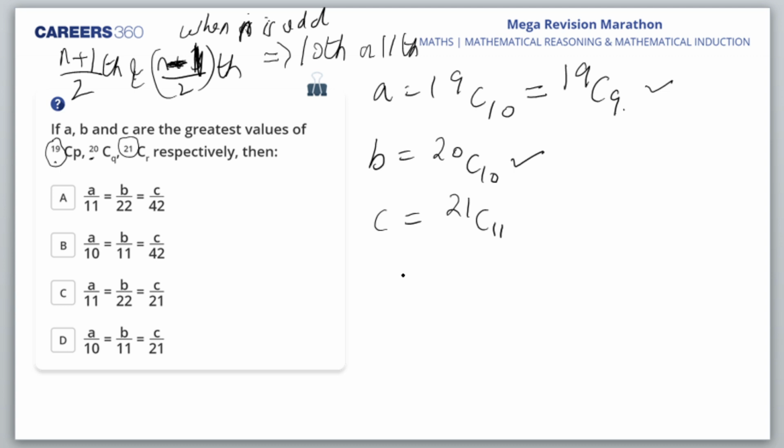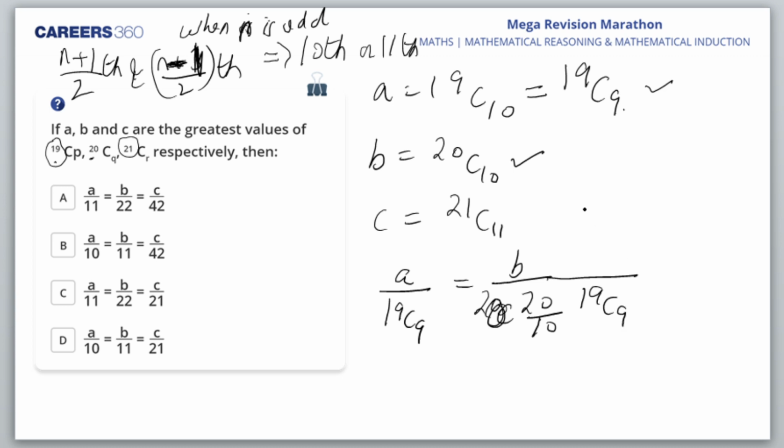Now we'll take A upon 19C9, and then B is 20C10. Can I write 20C10 like this? I can write it as 20 by 10, 19C9. B as 20 by 10, n by r, n minus 1, that is 19, C9.